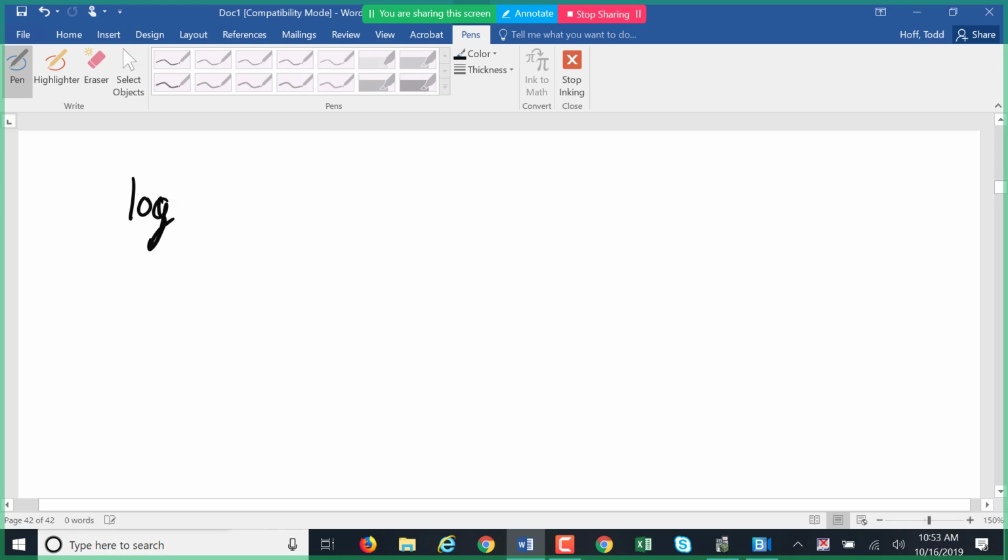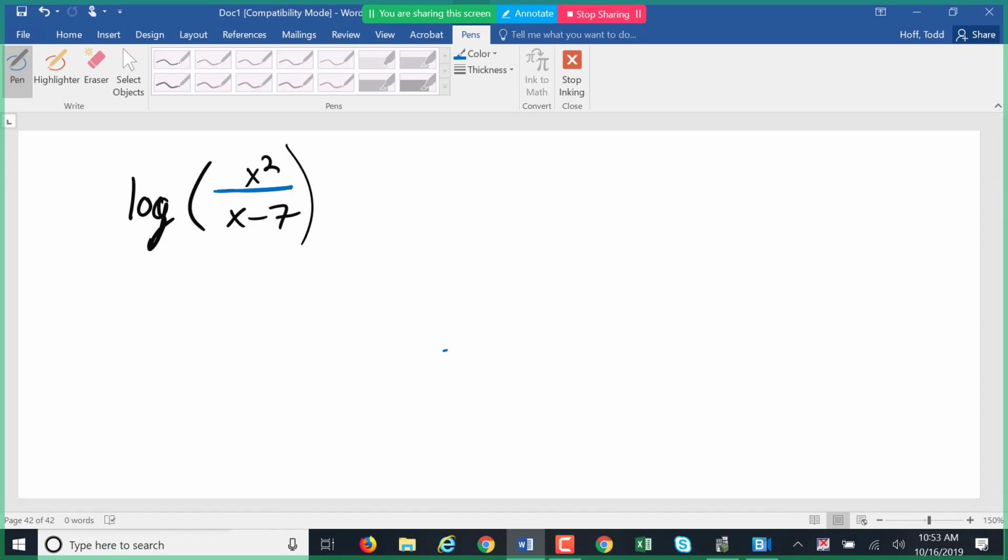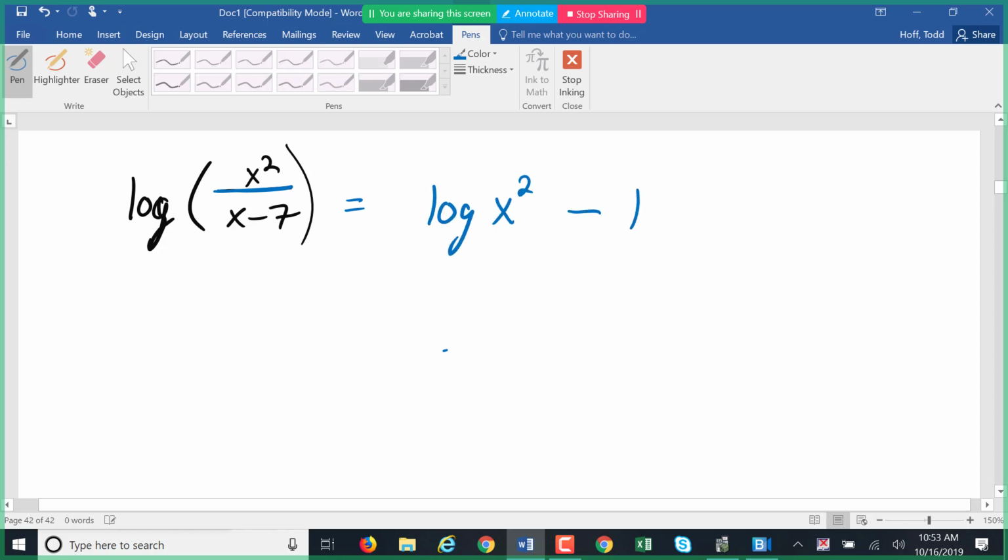So if I have log of x squared over x minus 7, first thing I can split up here, I can't do anything with this x squared until I have it by itself. I can't take that power out until I've got it by itself. I'm going to split up the division. Remember, a log of a divided by b is log of a minus log of b. That's going to be log of x squared minus log of x minus 7. Now, log of x minus 7 is subtracted.